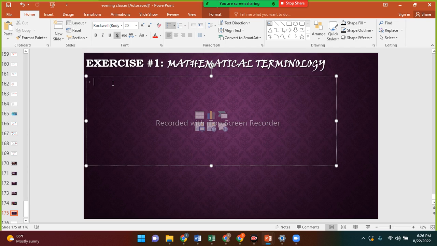All right, so number 1 says find the difference between the sum of 921 and 845 and the product of 26 and 64.